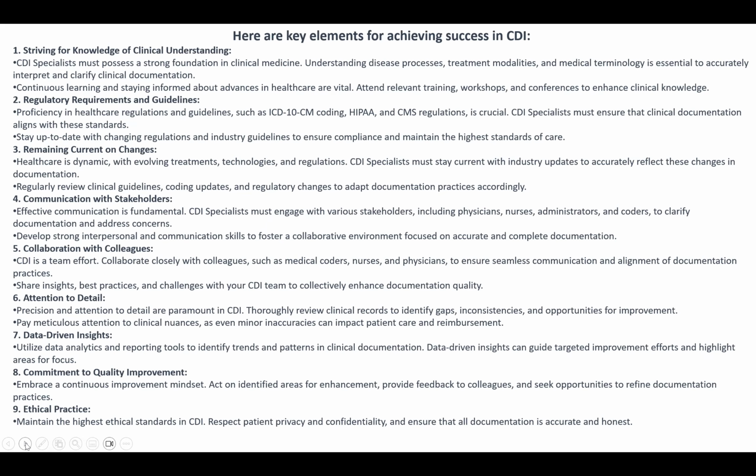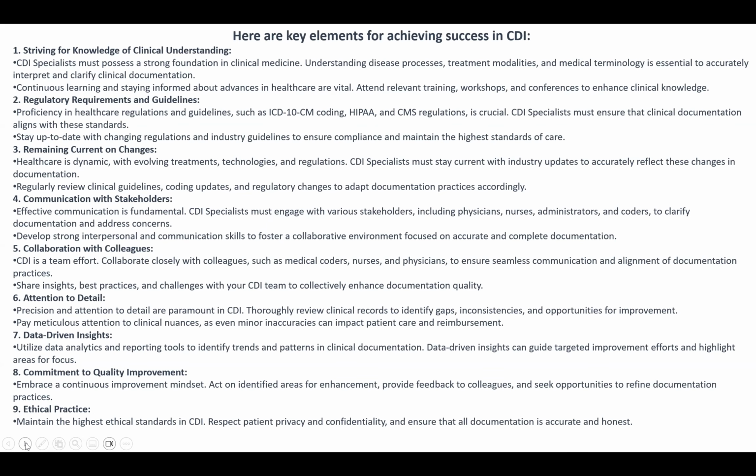And that's, again, remember the liaison. It's the role of a CDI to be that watchman, or watch person, for changes, so that they can collaborate and communicate these to providers and integrate them into workflows.